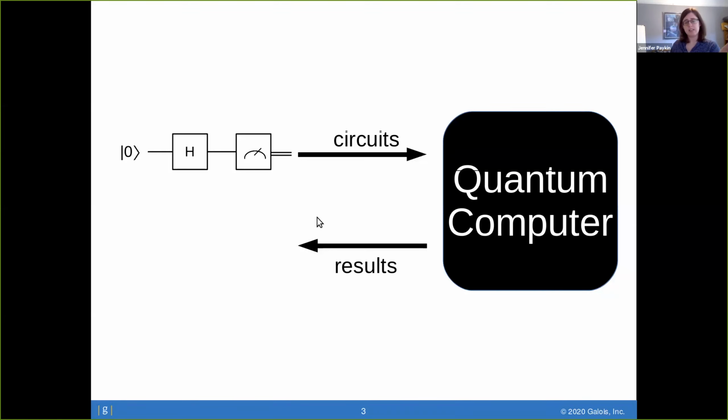It says: construct a qubit in the 0 state, apply the Hadamard gate, that's the H, and then measure it, which will probabilistically produce a bit. The bit is denoted by the double line. The quantum computer will receive these instructions, execute them, and give us back some results. In this case, it's going to give us either 0 with probability 1/2 or 1 with probability 1/2.